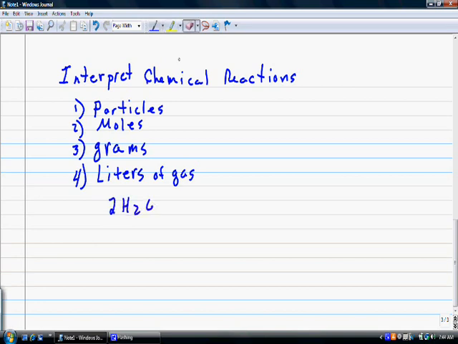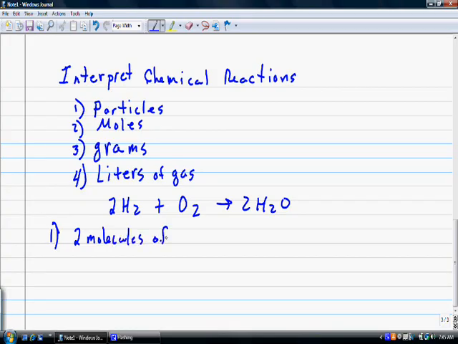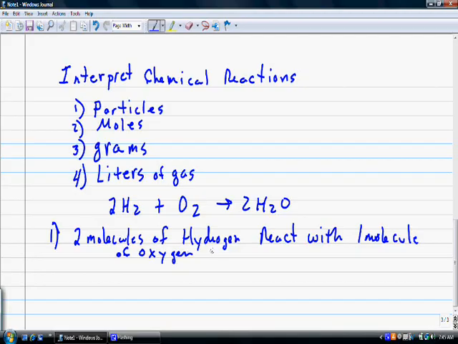2H2 reacts with O2 to produce 2H2O. In terms of particles, I can say that we have 2 molecules of hydrogen react with 1 molecule of oxygen to yield 2 molecules of water.